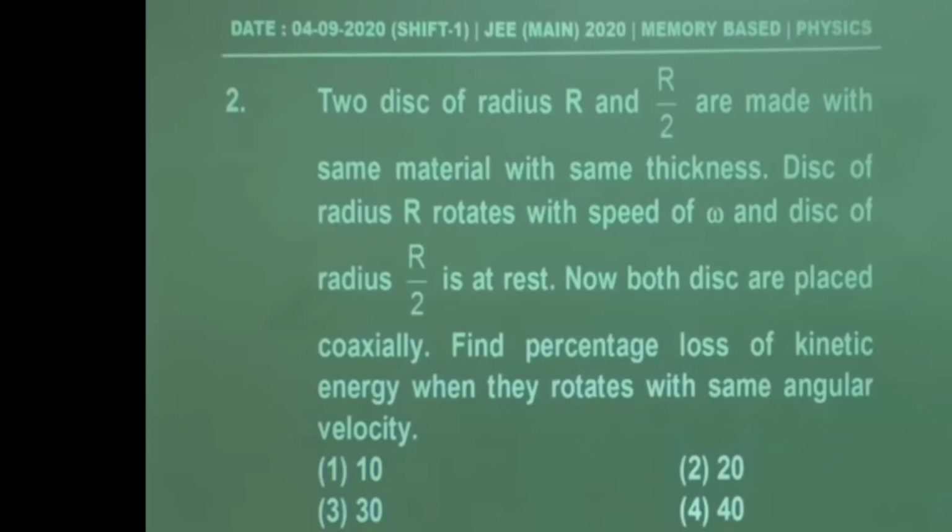A circular disc of mass m and radius r is rotating about its axis with angular speed omega.